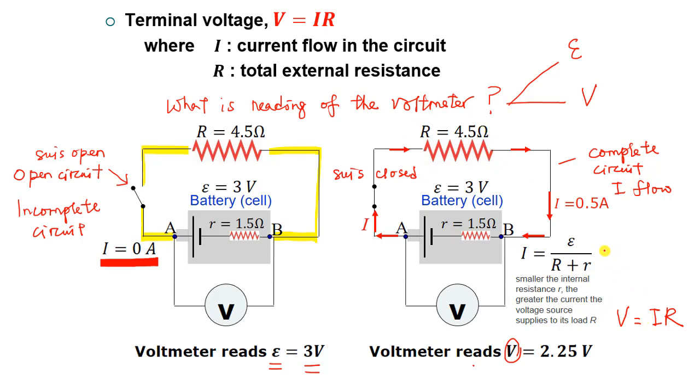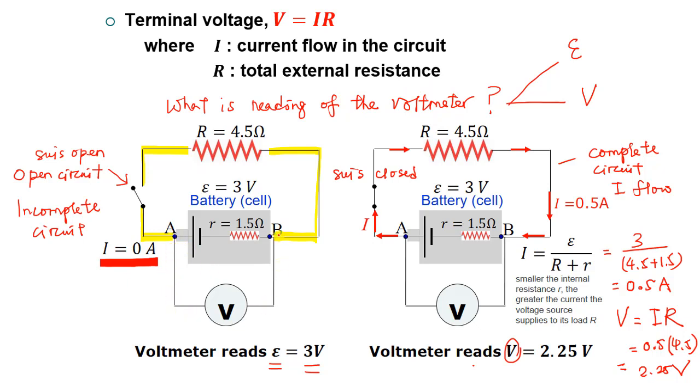For example, here I have 3 over 4.5 plus 1.5, so the current will be 0.5 ampere. Then the terminal voltage will be 0.5 multiplied by the external resistance 4.5 ohms, so I get 2.25 volt.